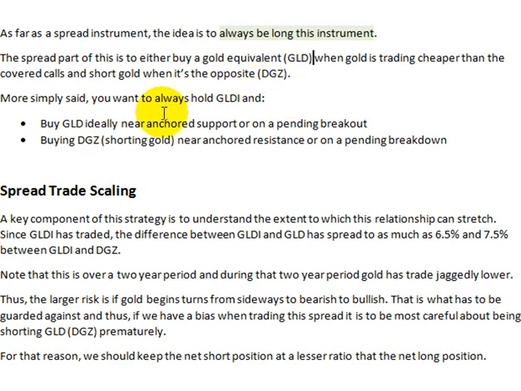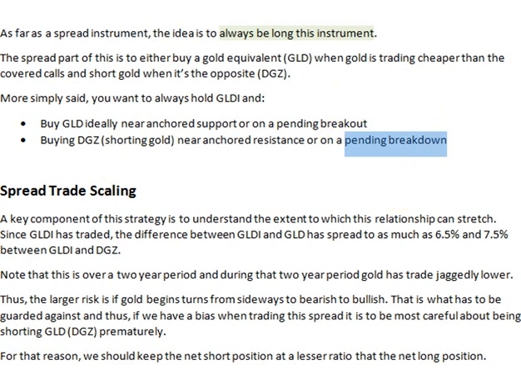So more simply said, you always want to hold GLDI. You want to buy gold when it's near anchored support or it's pending a breakout. You want to buy DGZ, which is shorting the gold, near anchored resistance or pending a breakdown.